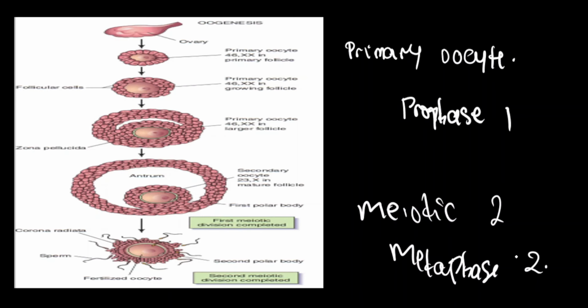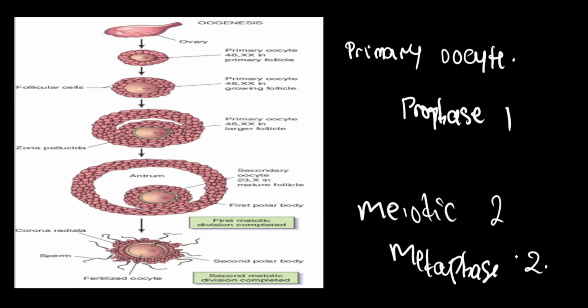So having gone through a general overview of the entire process of oogenesis, we stated earlier that the ovarian cycle involves the development of the ovarian follicles. Now, as we would see, the ovarian follicles are like these cuboidal cells.